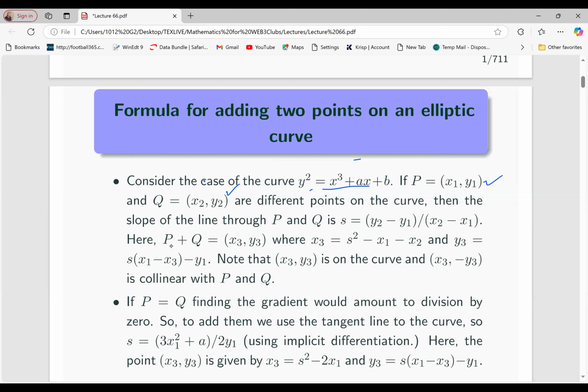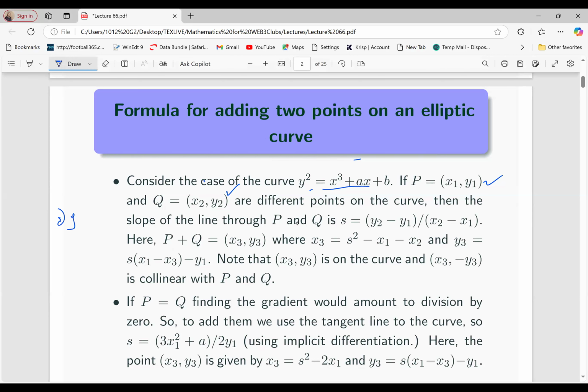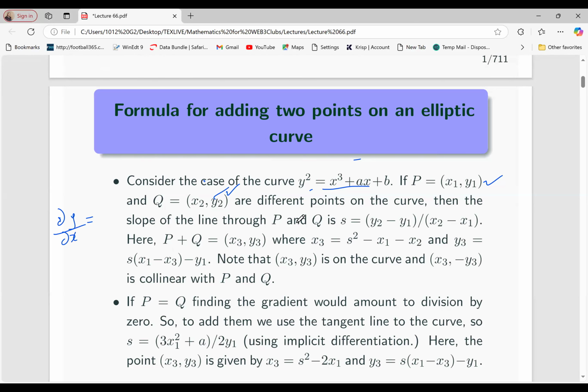Now, since these points are not the same, the gradient, which we usually write as change in y over change in x, dy/dx, would be y2 minus y1 over x2 minus x1.